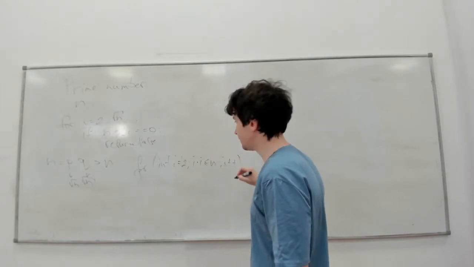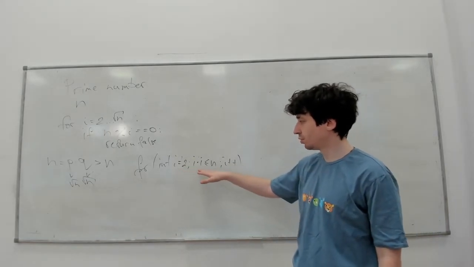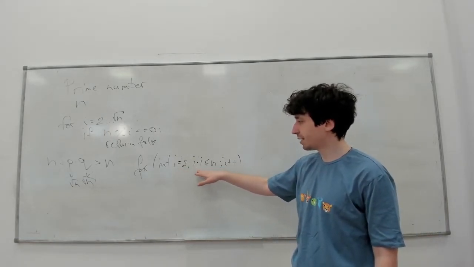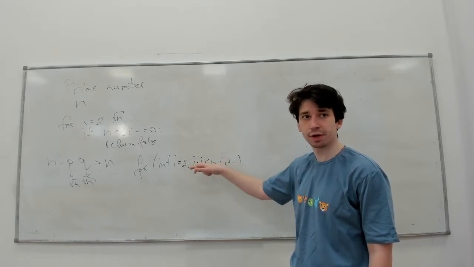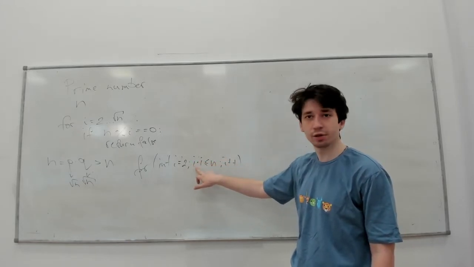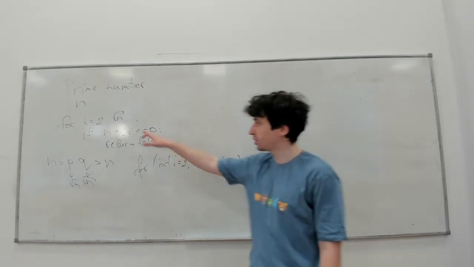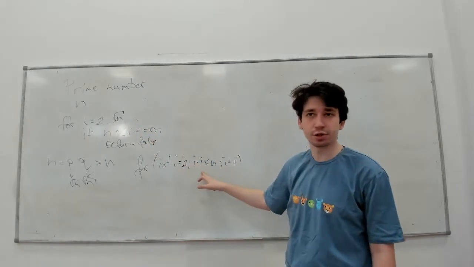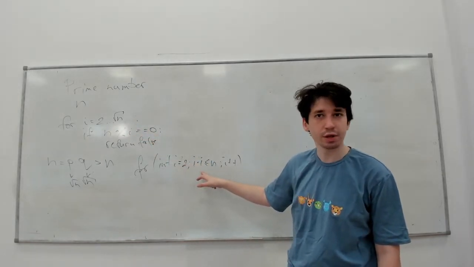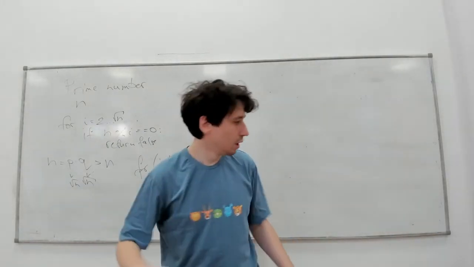This is what it looks like typically. So you go from 2 while i times i is less than or equal to n. This is the same as comparing i with the square root of n, right? You just put in the square and compare with n, so you don't have to calculate this using doubles. You can do this in integers, so you don't have any problems with precision and so on.